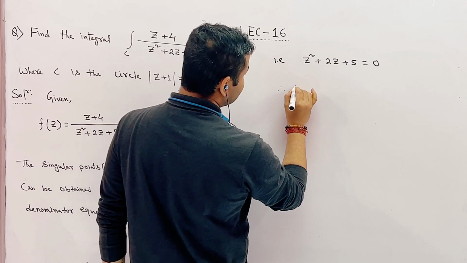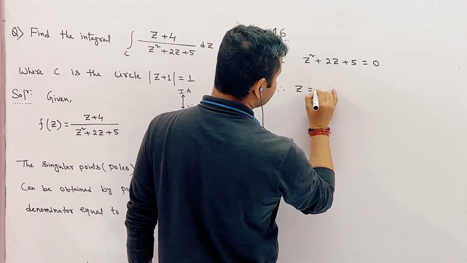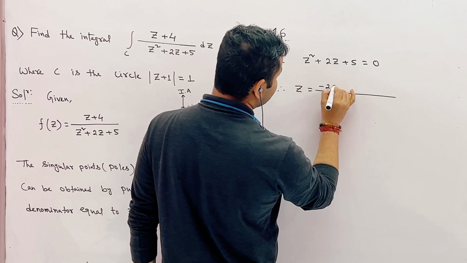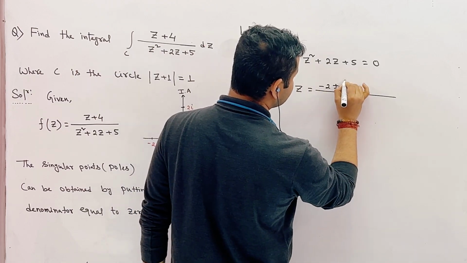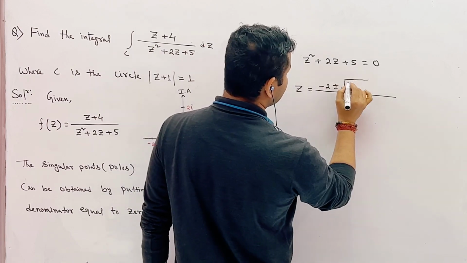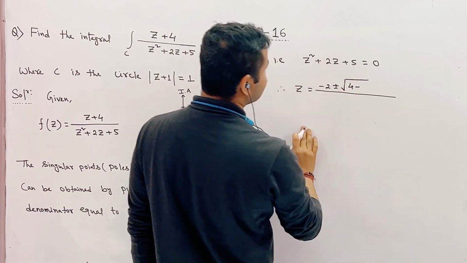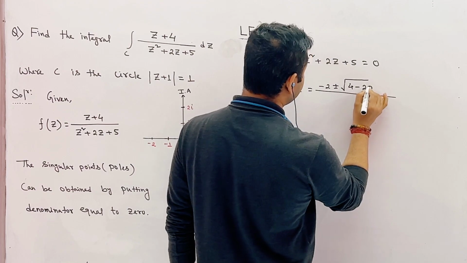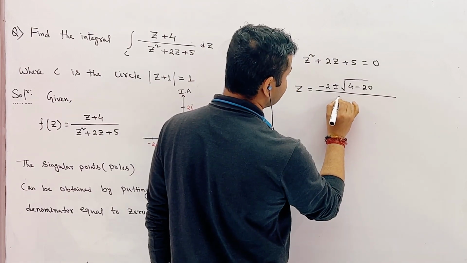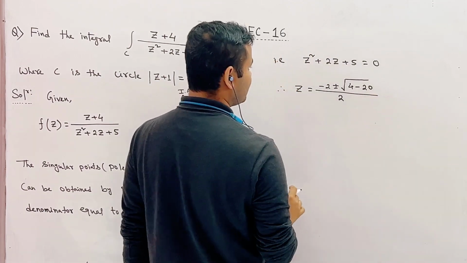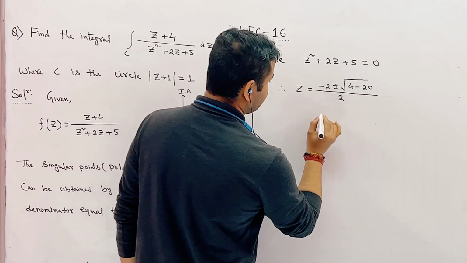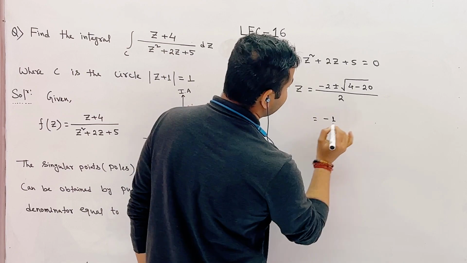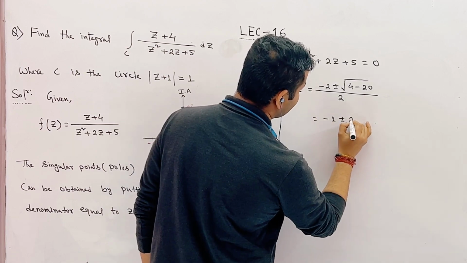So, therefore, z will be equal to minus b plus minus square root of b square minus 4ac divided by twice a, that is, minus 2 plus minus square root of 4 minus 20 by twice 1. So, z will be equal to minus 1 plus minus twice iota.